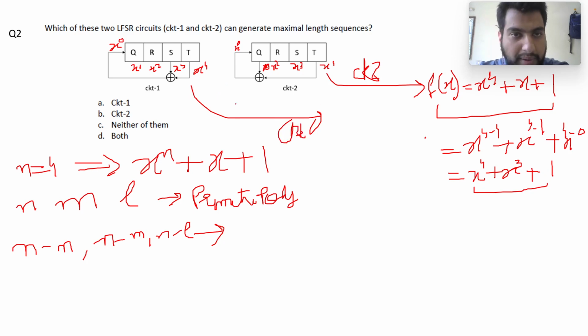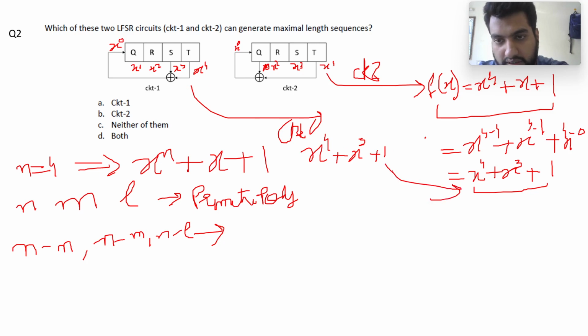So circuit 1, the tapping is at x raised power 4 and x raised power 3, and so it is x raised power 4 plus x raised power 3 plus x raised power 1. So this is equal to this, which means it's also a primitive polynomial. So both of these circuits are primitive polynomials. That means both of them can generate maximum length sequences. As both of them can generate maximum length sequences, we'll mark option D as the correct answer.